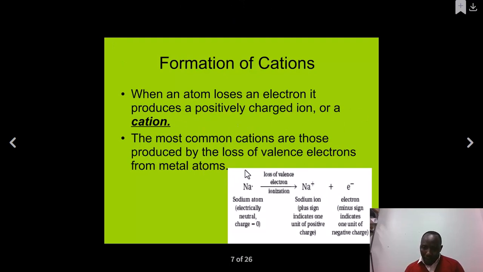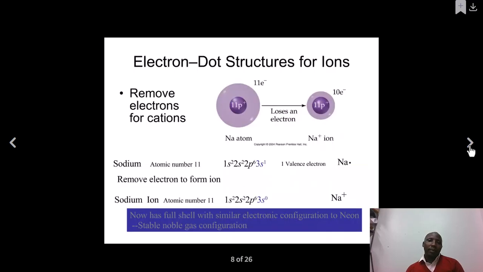You see, in this case, for example, sodium in its natural state is having a charge of 0. Whereas sodium after losing 1 electron will be having a charge of positive 1, because the number of protons is greater than the number of electrons in our atom.